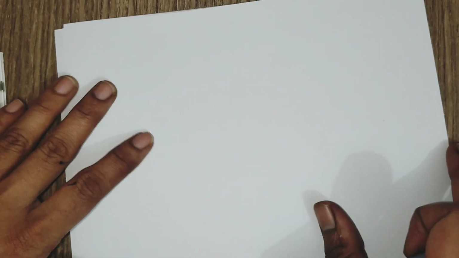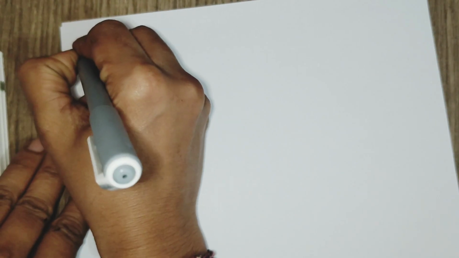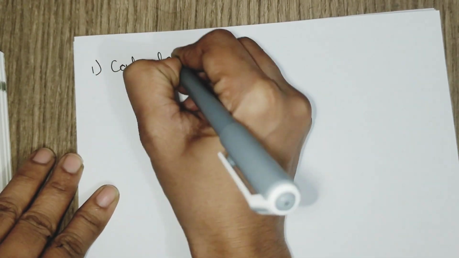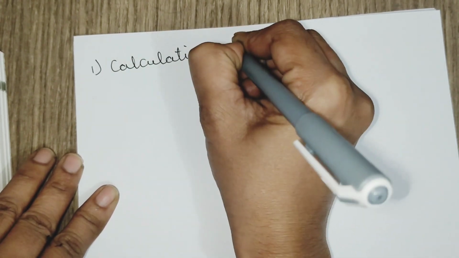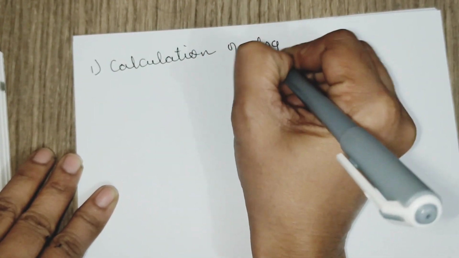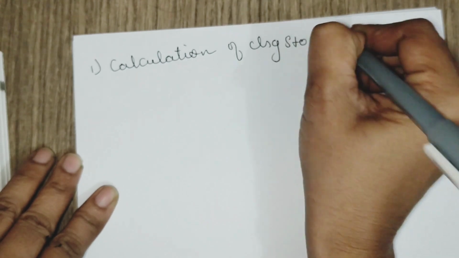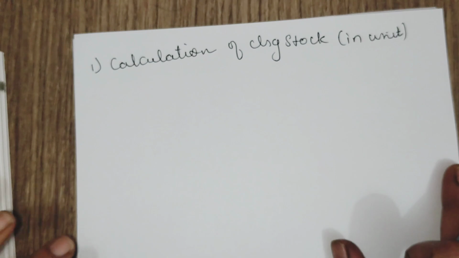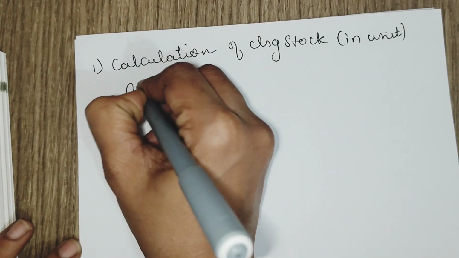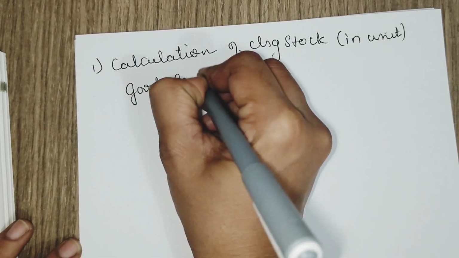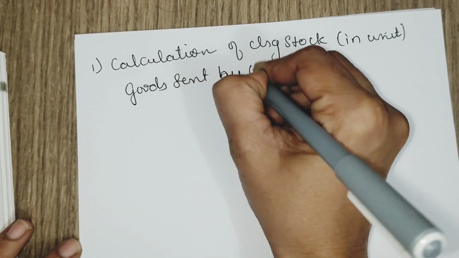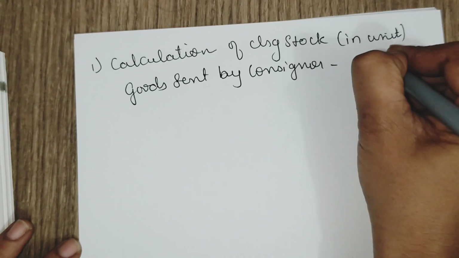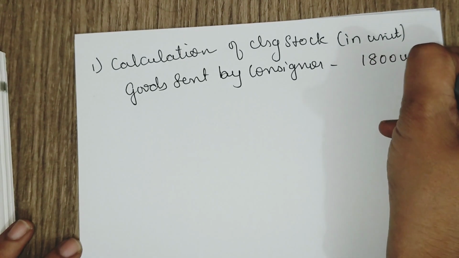Let us find out the first step. Calculation of closing stock in units. Goods sent by consignor, total 1800 units.